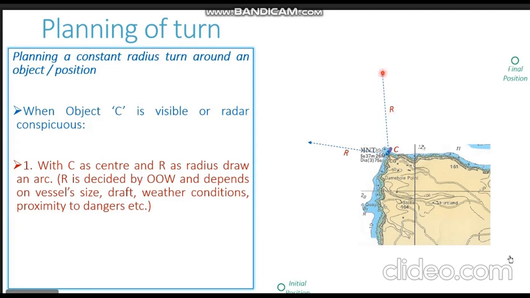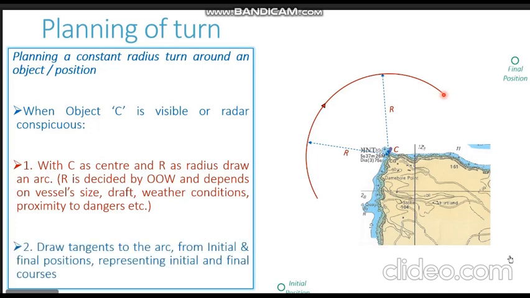Now with compass centered at C, radius equal to the planned radius, we draw an arc. You can see the maroon color arc now coming up. This is the curved path on which the ship will be moving while it is executing the turn or while it is altering the course.